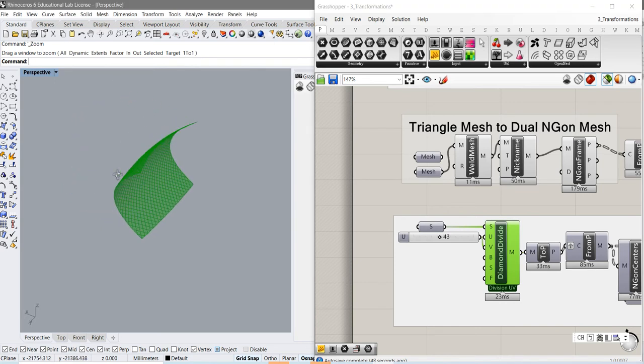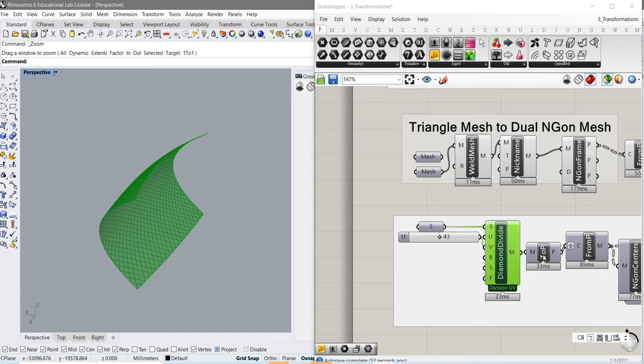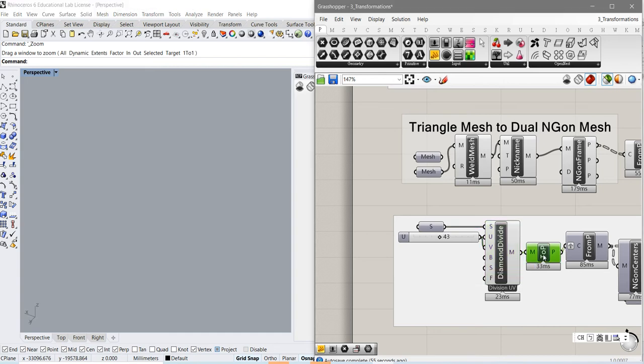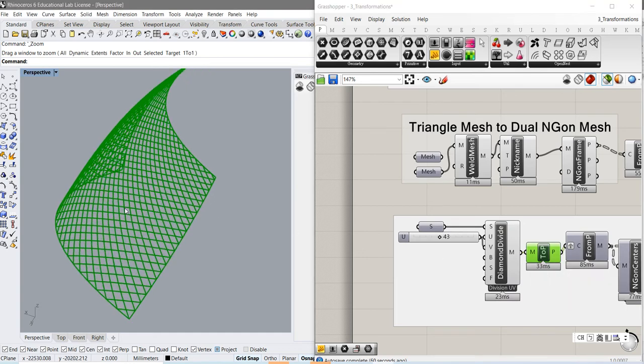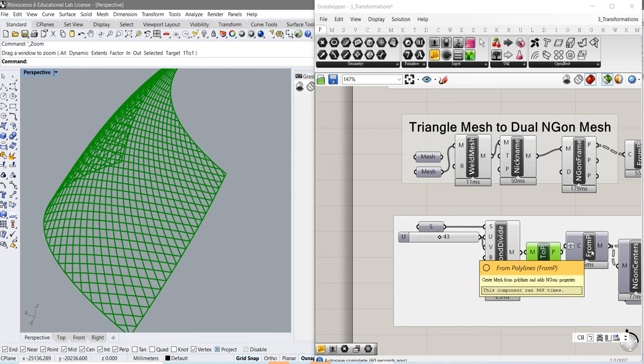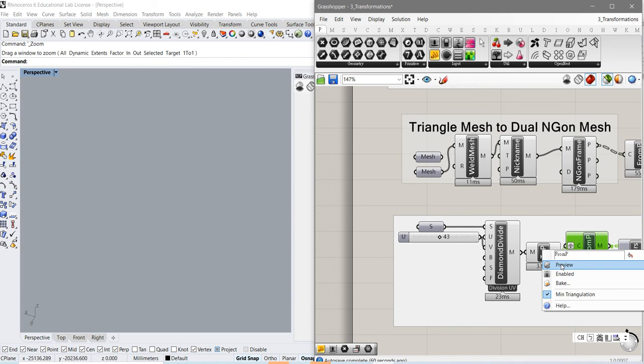Okay, so for this diamond divide, we also do something on that. Get the polyline of them, and then bring it back to a mesh again.